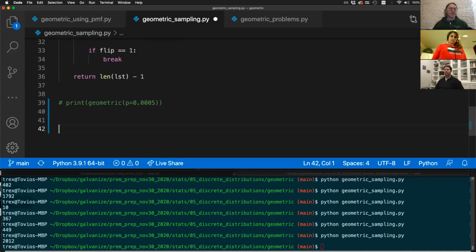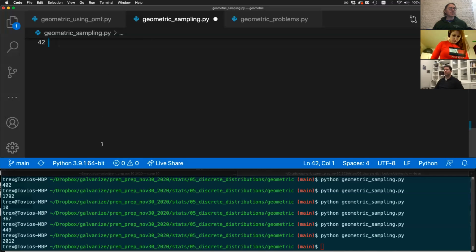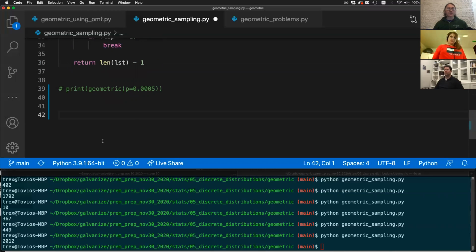Let's take that a few steps further. Let's do the thing that we've been doing and pack our samples into a dictionary. And why don't I have you do that? I'm going to have you do that. So let's say geometric samples dictionary.